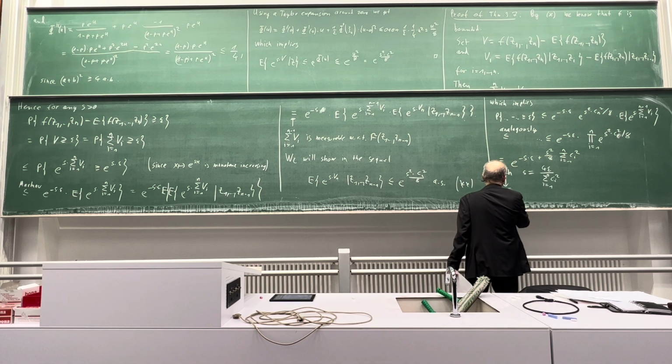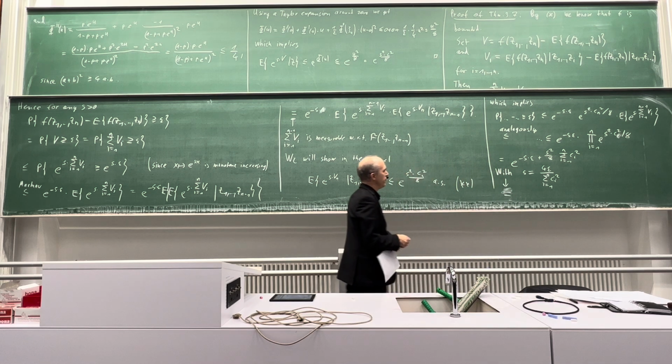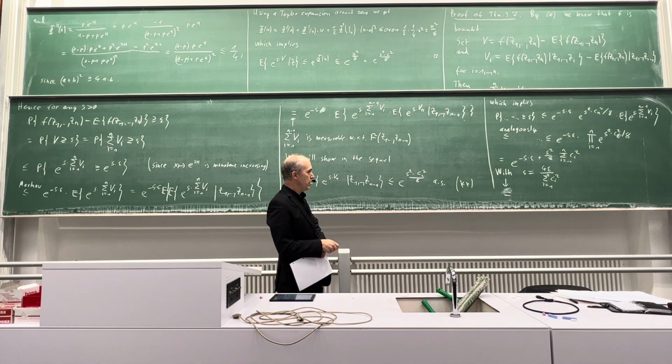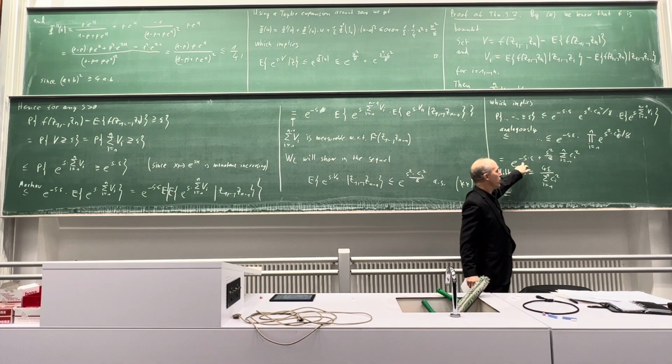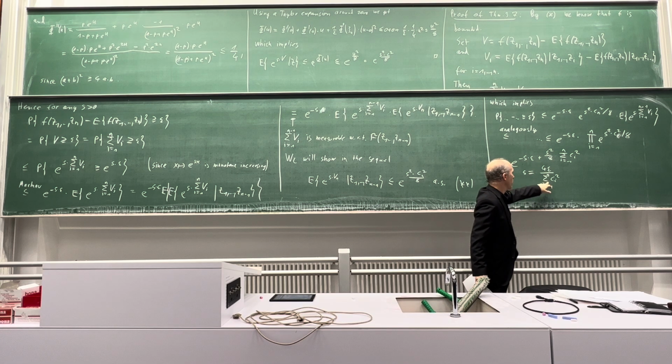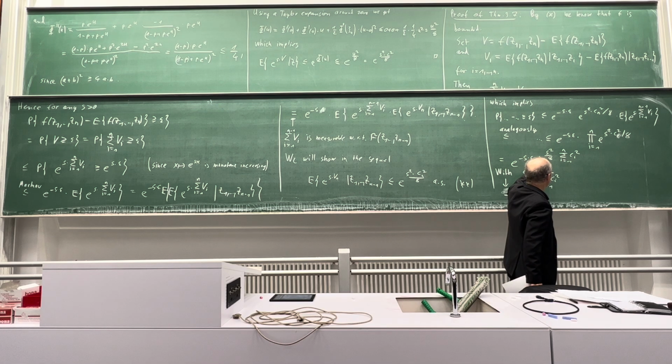And then you get equality: if you plug this in, you get e to the power minus 4 epsilon squared divided by the sum, plus 16 epsilon squared divided by 8, so it gives you a plus 2 epsilon squared, sum squared times the sum gives just divided by the sum.